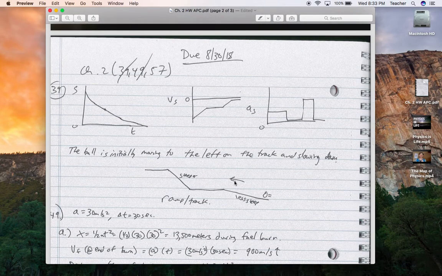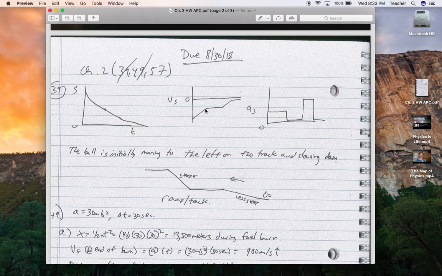Number 39, you were given a set of 3 kinematics graphs, and it's a ball rolling on a track, and you're asked to draw the track. Initially, for me, the velocity graph is the easiest to look at. These shapes are hard to know whether it's curving or straight. This is not so hard.